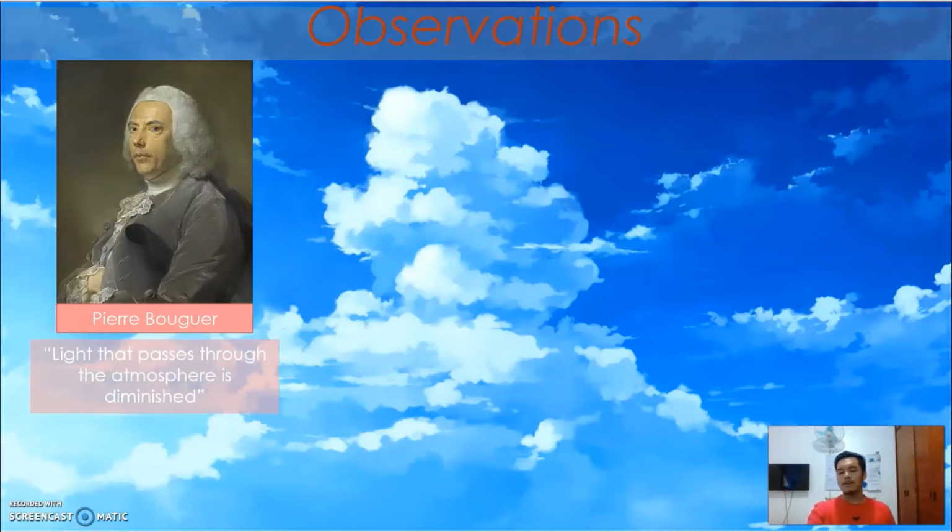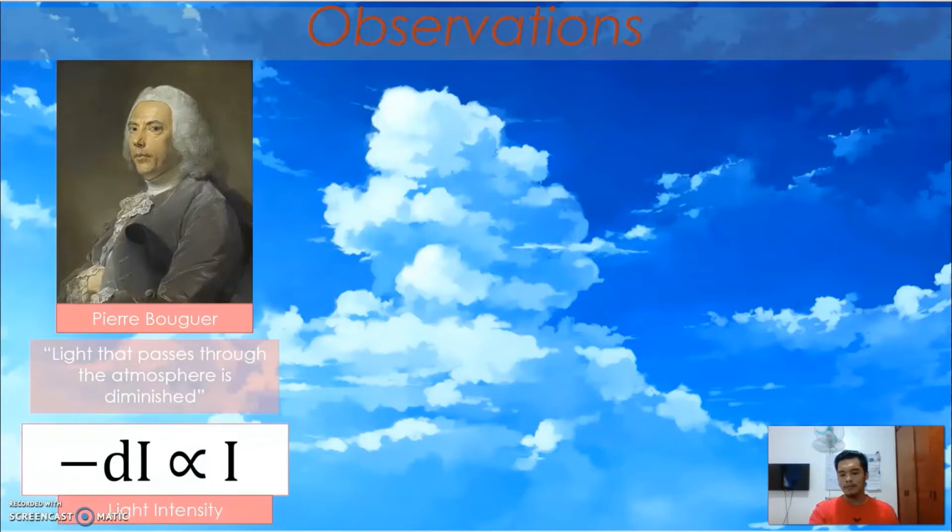He did not directly propose this spectroscopic law, but his observation has a very significant contribution towards the law itself. Why? Because his observation helped create this mathematical expression where the rate of change of intensity is directly proportional to the intensity of light.